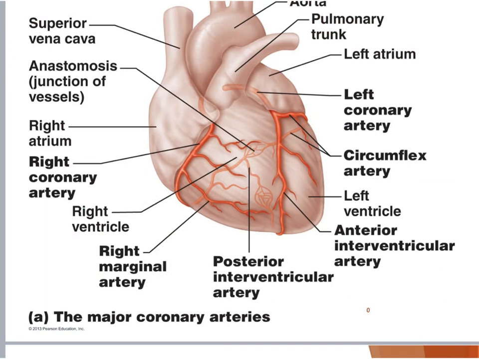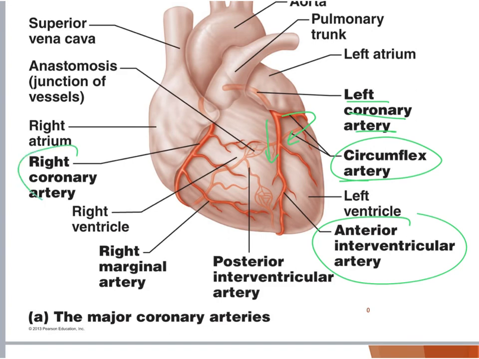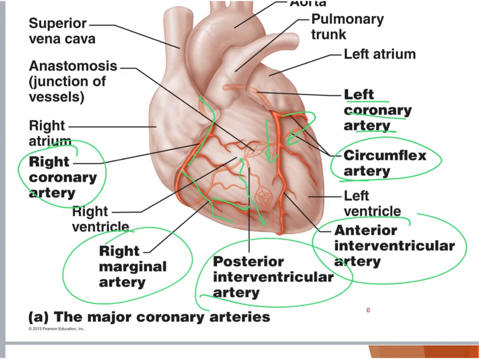Here is that left coronary artery. Here is the circumflex. It's going to go all the way back here. Here is that anterior interventricular artery running down the front surface. Here is that right coronary artery. Okay, here is the right marginal artery, and then shaded because it's on the back, here is that posterior interventricular artery.